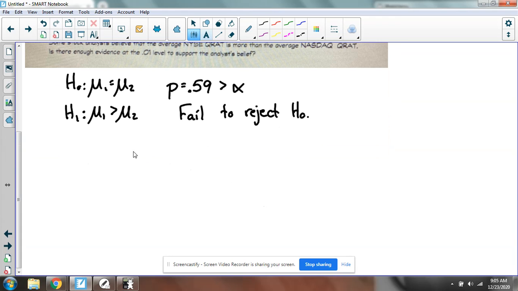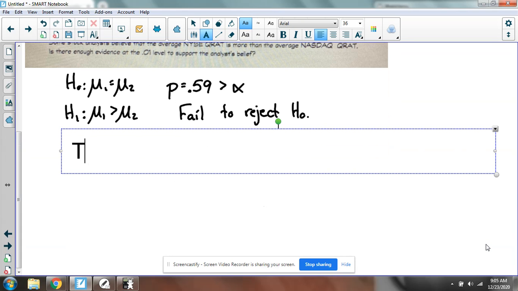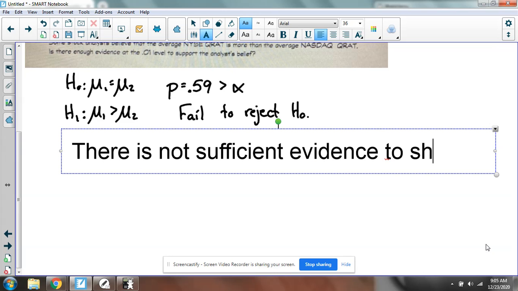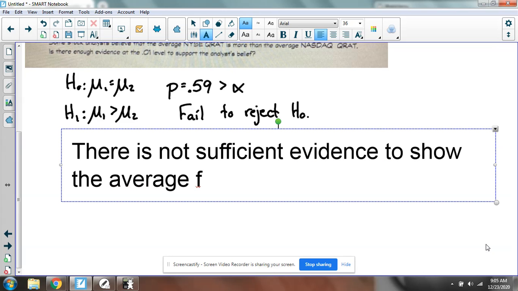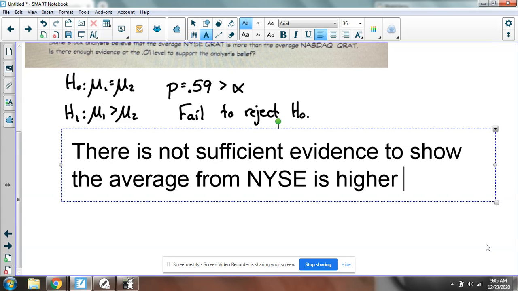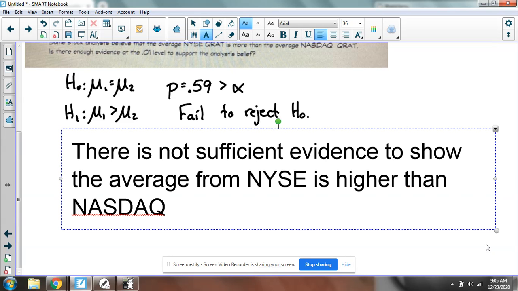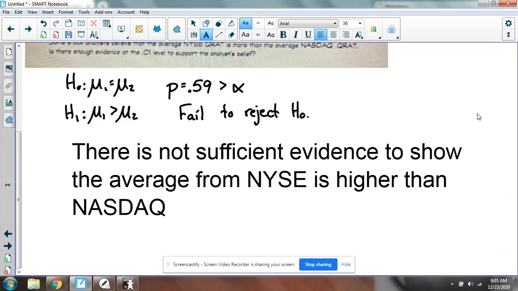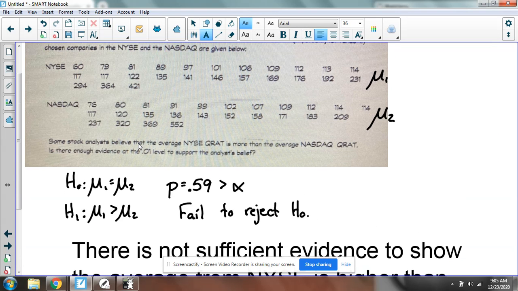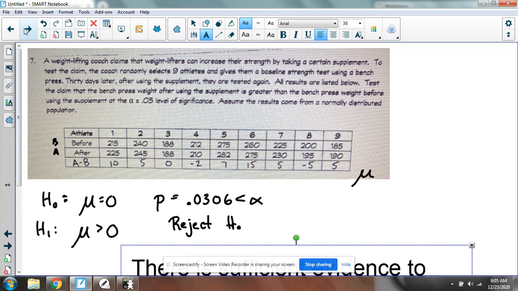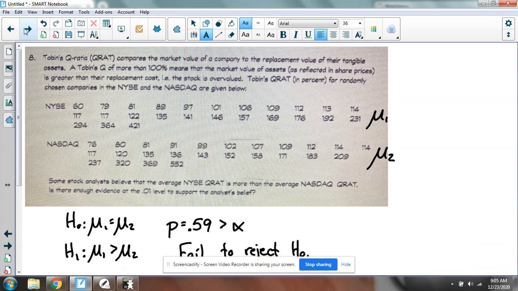So that says there is not sufficient evidence to show the average Q ratio is higher for New York than NASDAQ. Since these are independent, you use a two-sample t-test. Since the last one was non-independent, you used just a regular t-test.